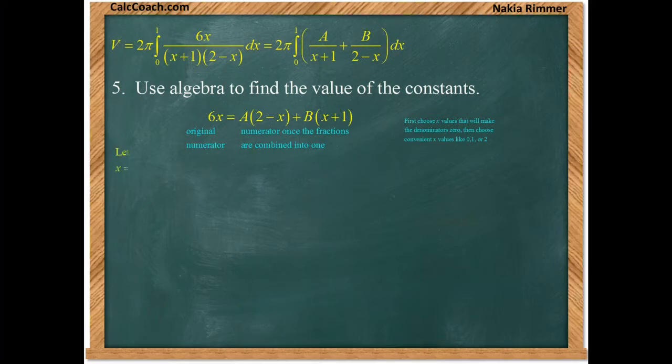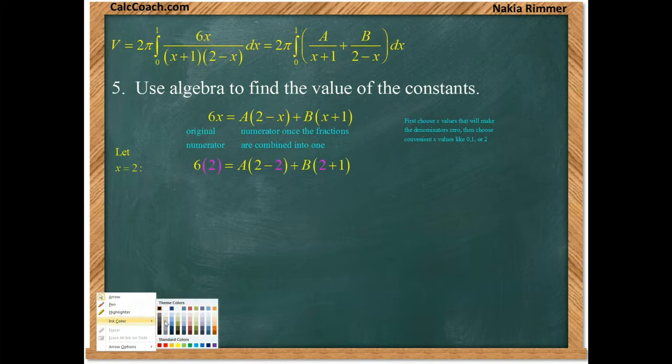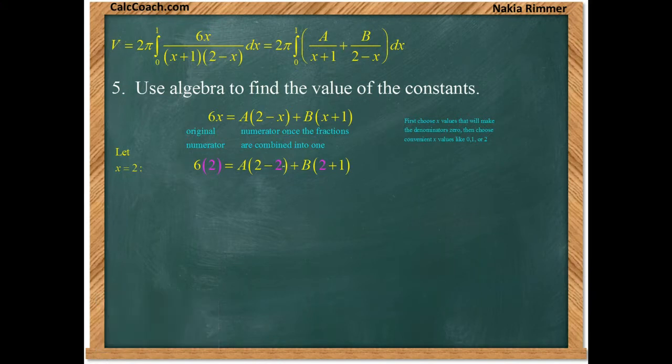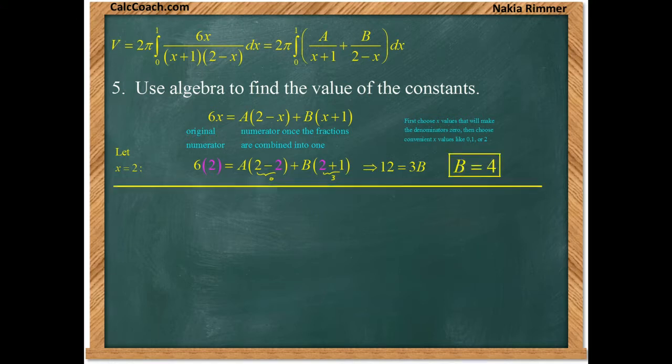Here, if we let x equal 2, it's going to kill the term that has a in it. And so this part is going to go to 0. And you'll be left with 12 is equal to 3b, or that b is 4. Great. How about letting x equal -1.